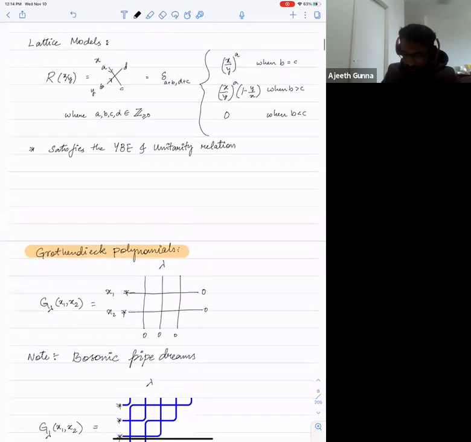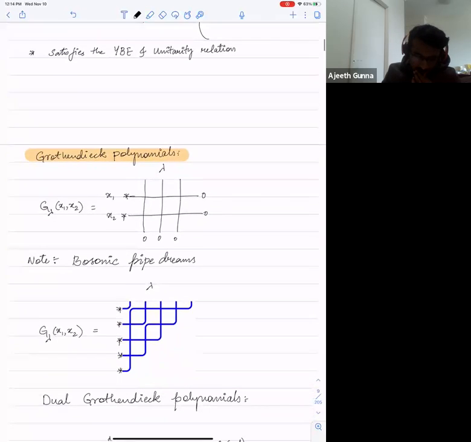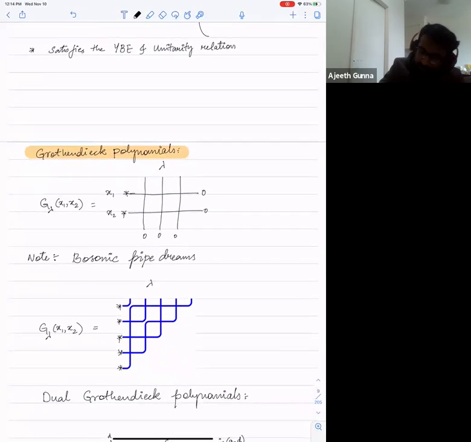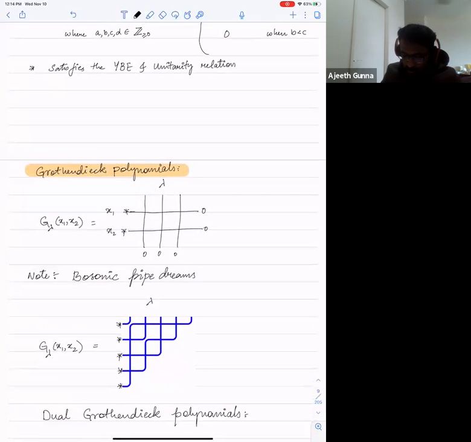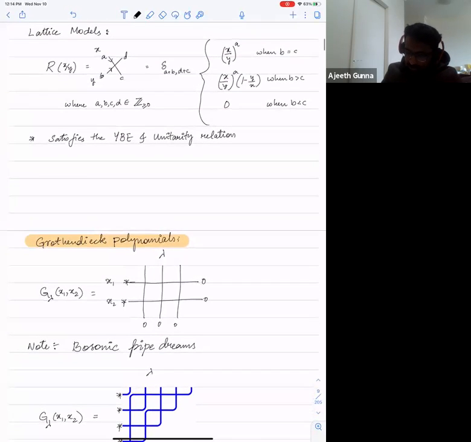If you just use this R matrix and encode your partitions through the column multiplicities, and you consider the partition function of this grid, you will get Grothendieck polynomials. Now, if you like pipe dreams, you can think of this model as bosonic pipe dreams, because if you look at this vertex, this is always 0.